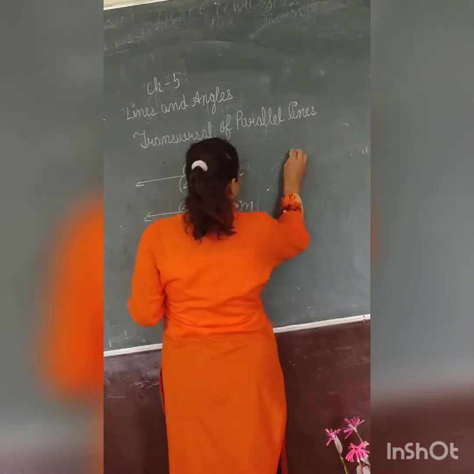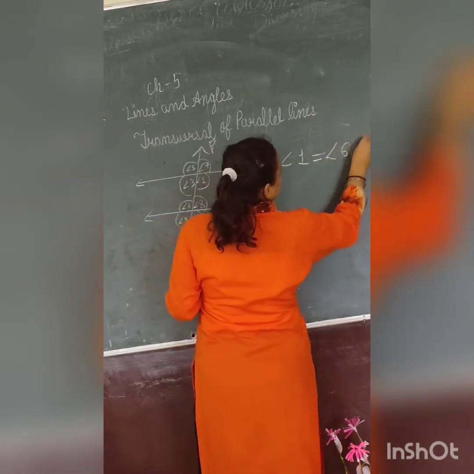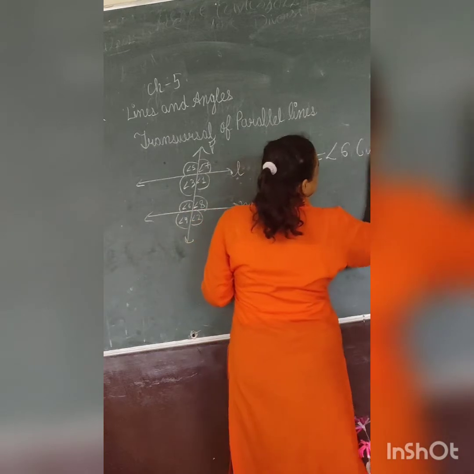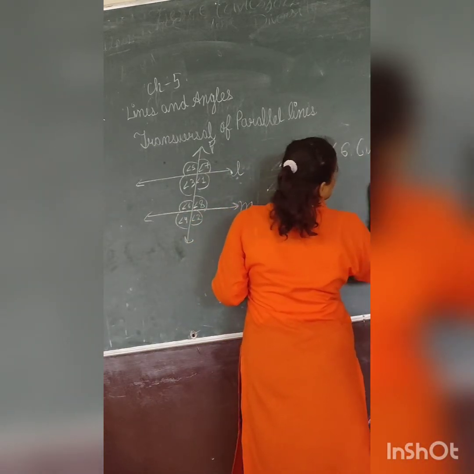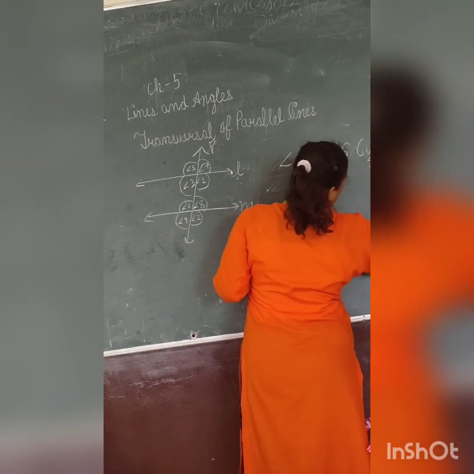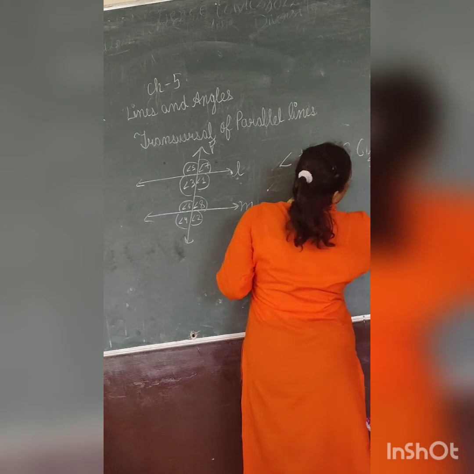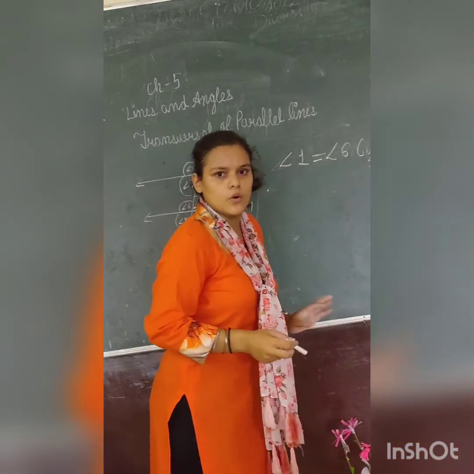It means that for alternate interior angles, angle 1 is equal to angle 0. Okay, they are alternate interior angles, then their angles will be equal. Okay.